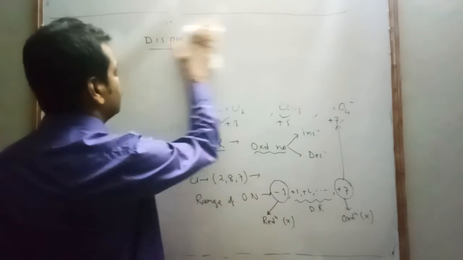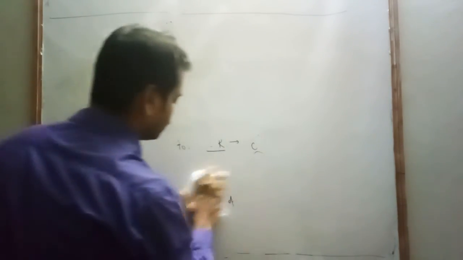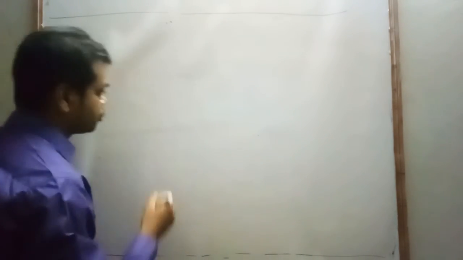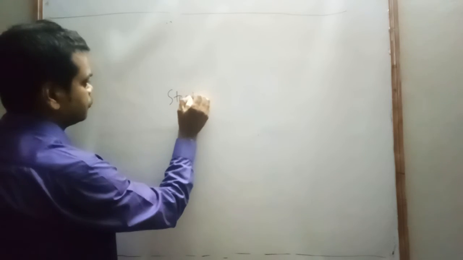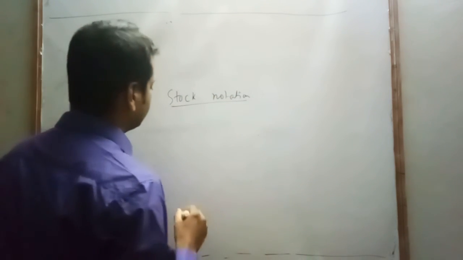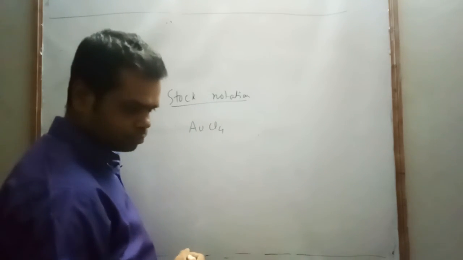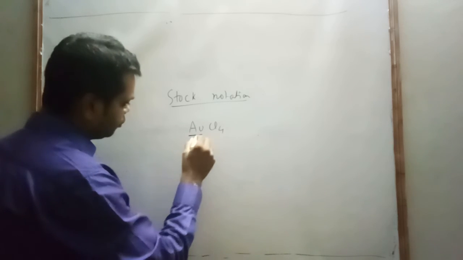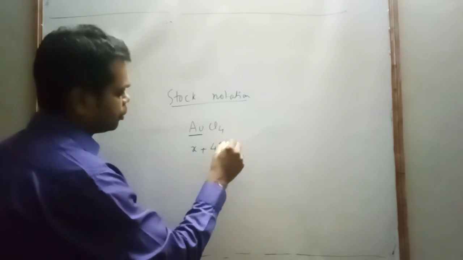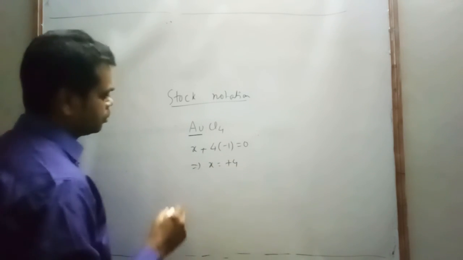Now after the disproportionation reaction, we have another thing. This is your Stock notation. In Stock notation, if I take AuCl4, from that you can calculate the oxidation number of gold. 4 into minus 1 equal to 0, which implies x equal to +3.